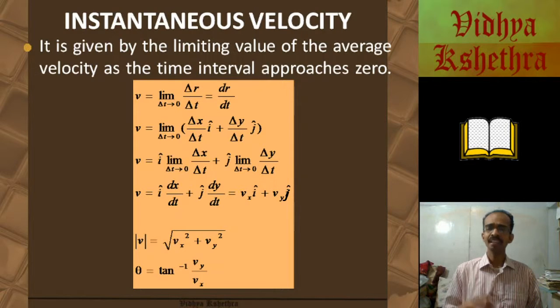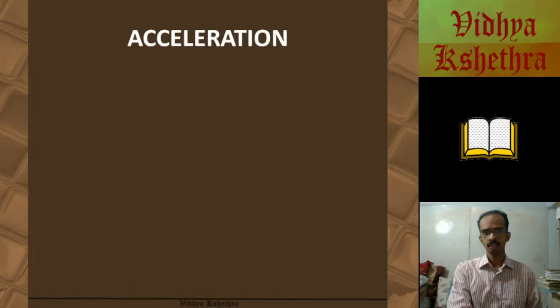Now, the magnitude of velocity is given by v is equal to root of vx square plus vy square, and the direction can be found out using the formula theta is equal to tan inverse of vy by vx.